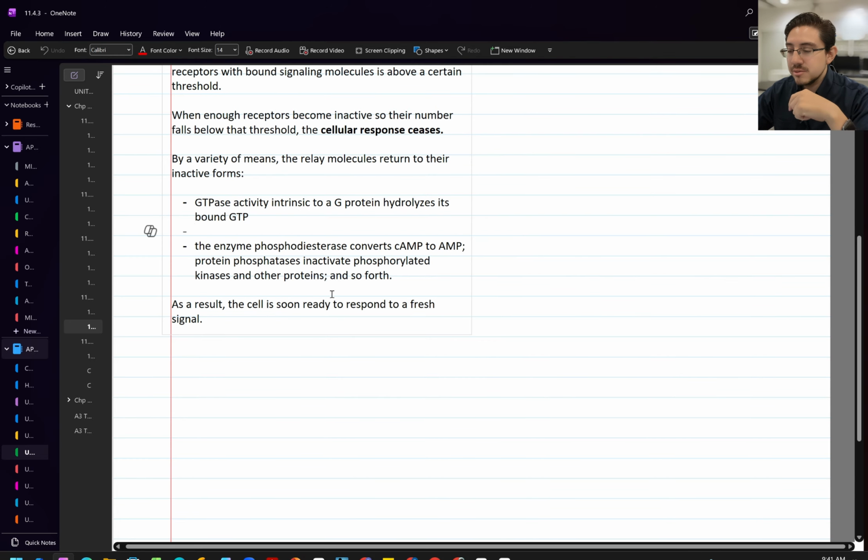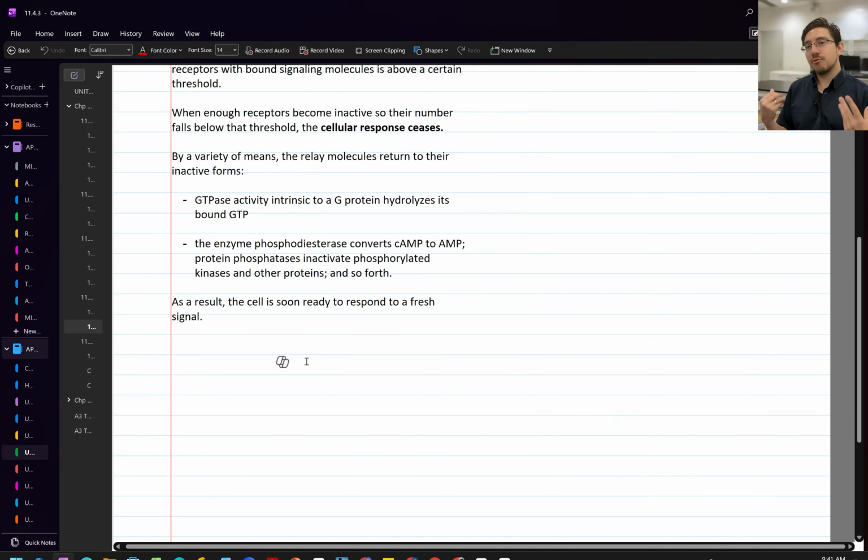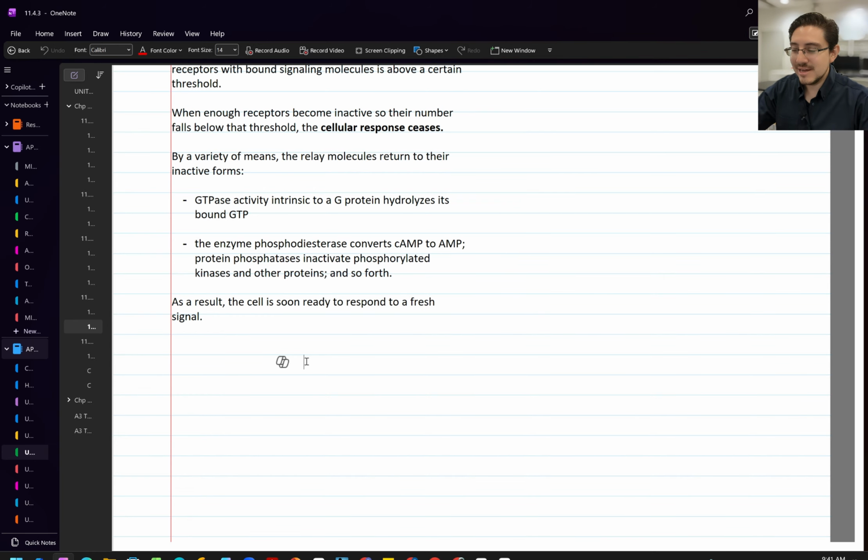Protein phosphatases will inactivate phosphorylated kinases, so they'll take away the phosphates and so forth. Ultimately, everything goes back to that resting state for the cell to receive a whole signal cascade again.